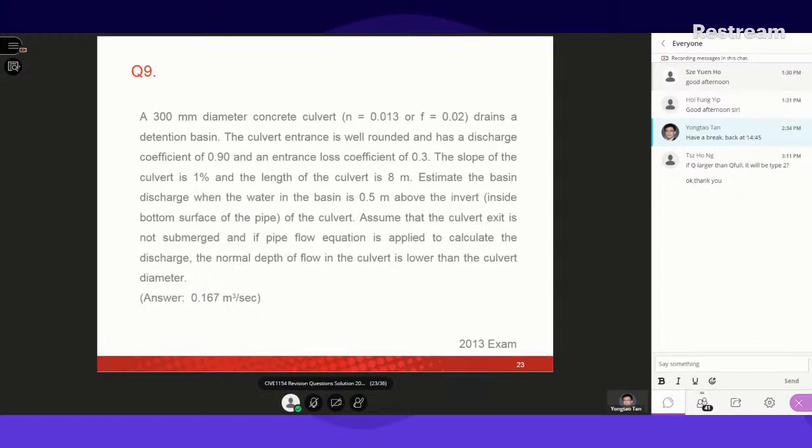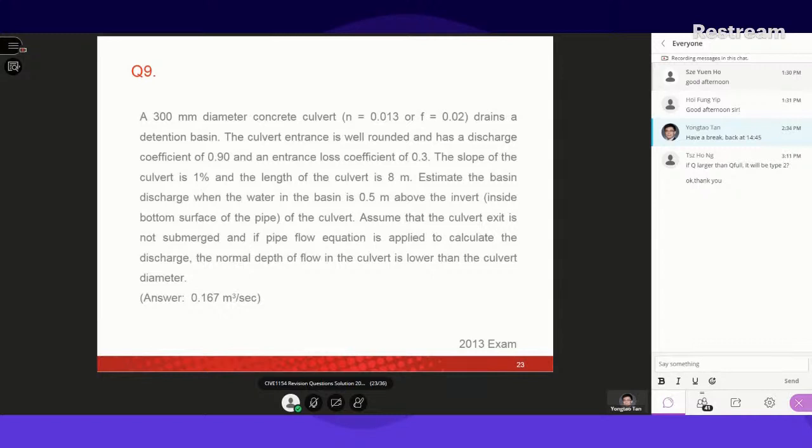Now this one is a concrete culvert. Actually, it is a circular culvert. We can see the discharge coefficient given, the entrance loss given, the slope given, and the length given. The water in the basin is 0.5 above the invert of the culvert.